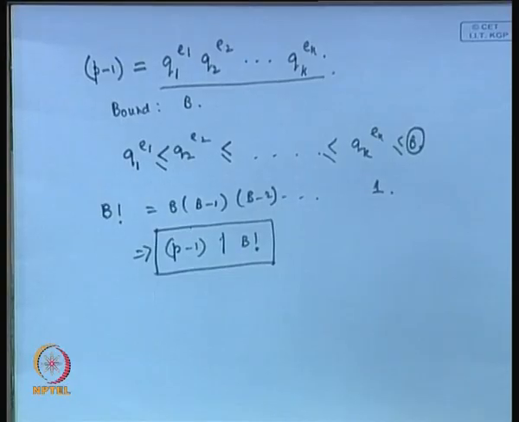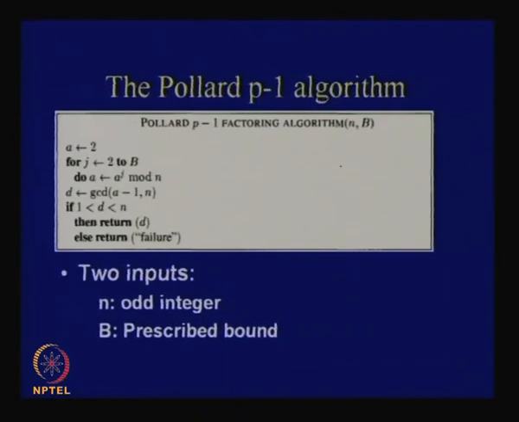Right. So, now you see what we are essentially doing in this algorithm. You just assume that a is equal to 2, and then you start from 2 to b and you compute a to the power j mod n. So, what are you essentially doing at the end of the for loop?